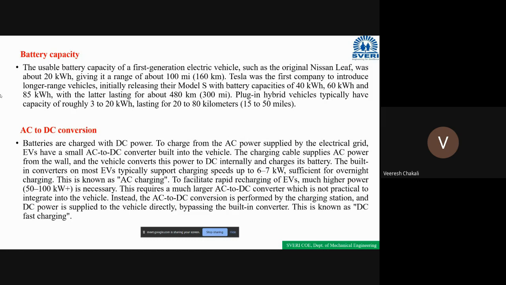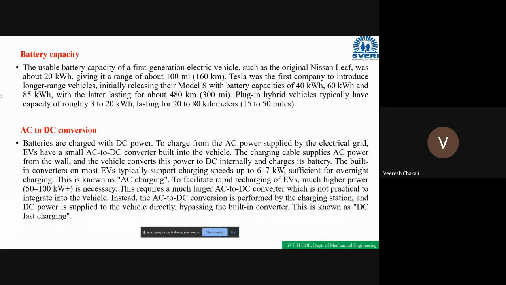Which means the Tesla S model was the first to develop an electric vehicle to travel approximately 100 miles, meaning 160 kilometers. Clear?